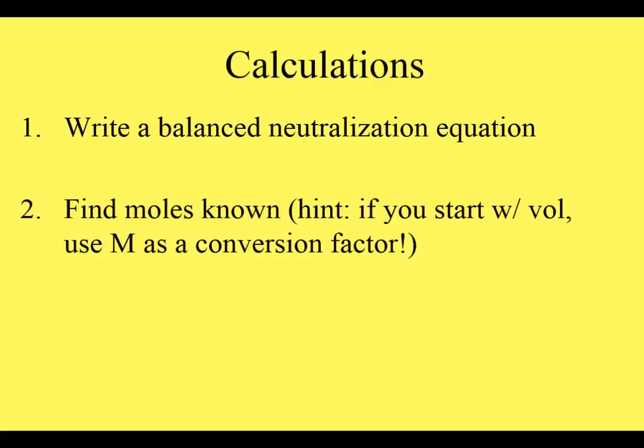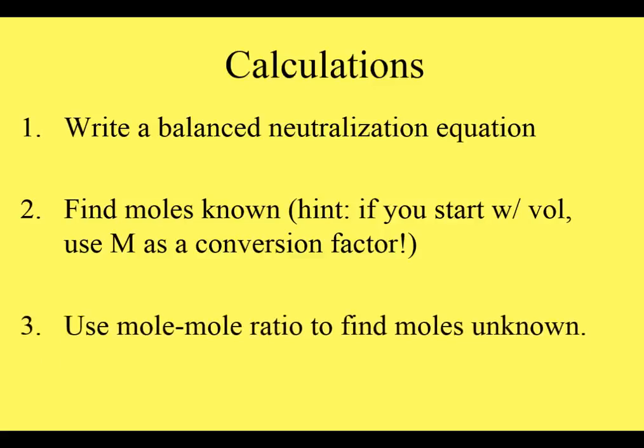Step 2. Find moles of your known. And a hint for you, if you start with volume, if you are given liters information or milliliters information, you should use molarity as a conversion factor. Once you have moles, as in any stoichiometry problem, our next step is to use the mole-to-mole ratio to find moles of unknown.